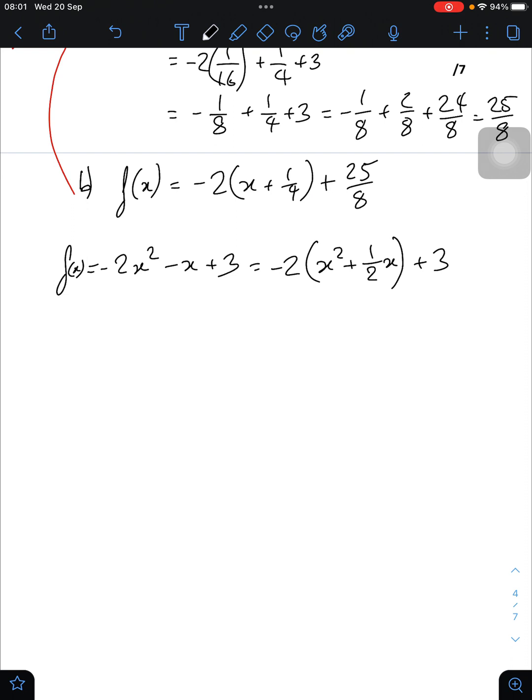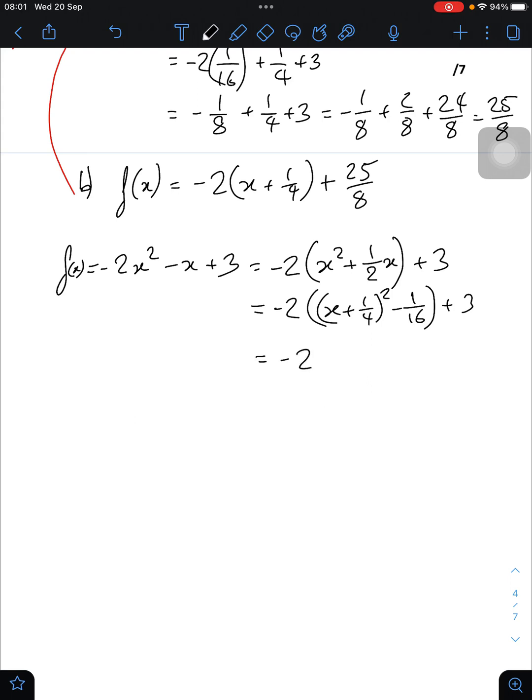And then completing the square here, for the inside of the bracket, we'd have minus 2 lots of x plus 1 over 4 squared minus 1 over 4 squared would be minus 1 over 16 plus 3.